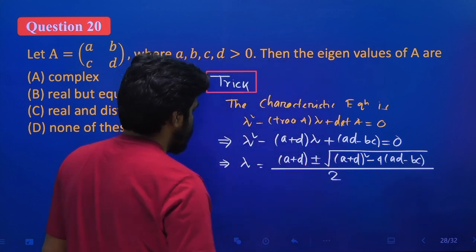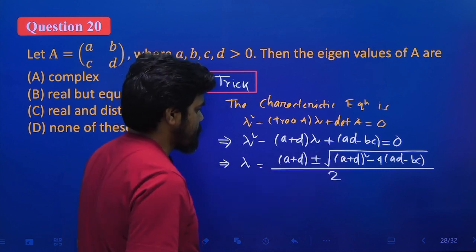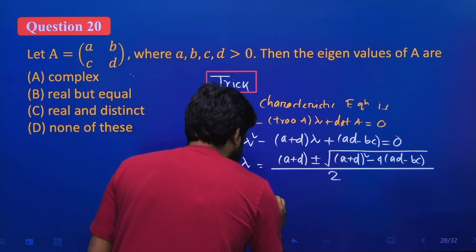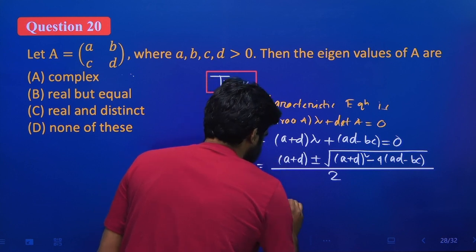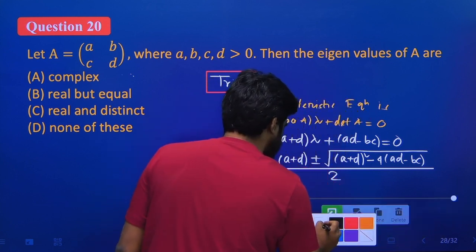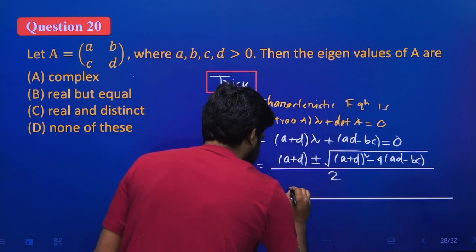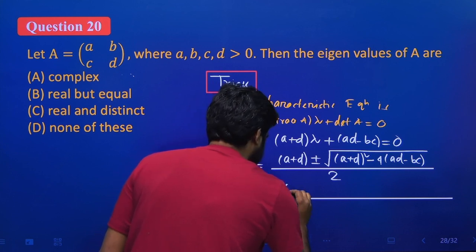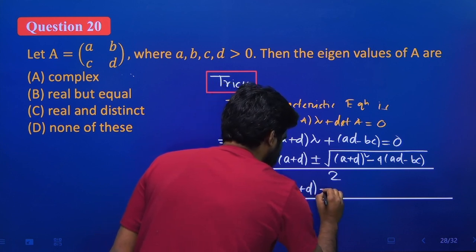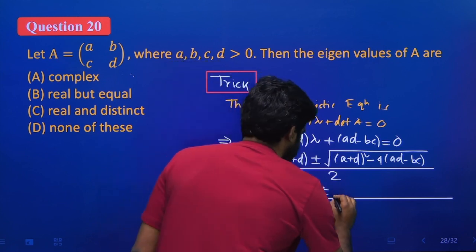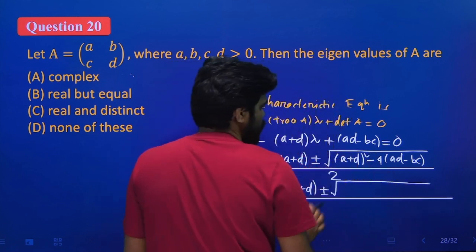So this can be written as lambda is equal to (a plus d) plus minus root over (a plus d) whole square minus 4(ad minus bc), divided by 2.